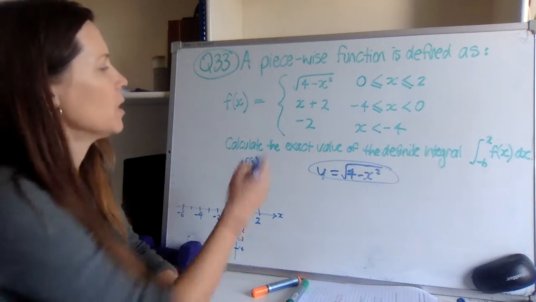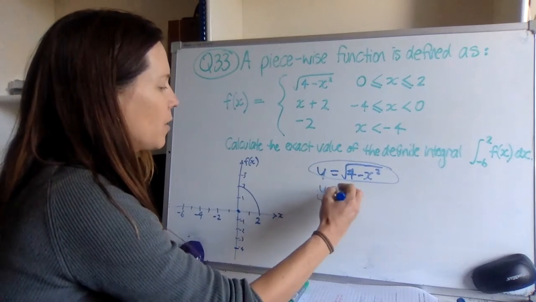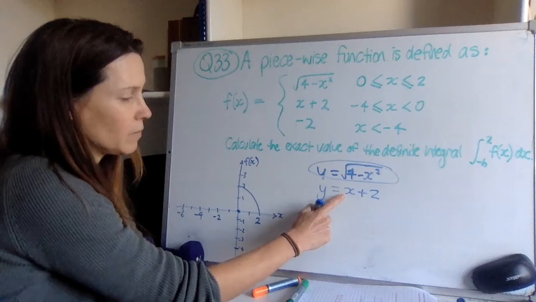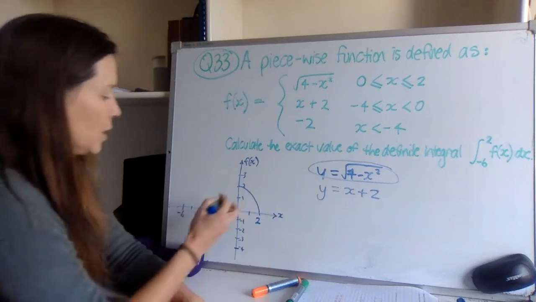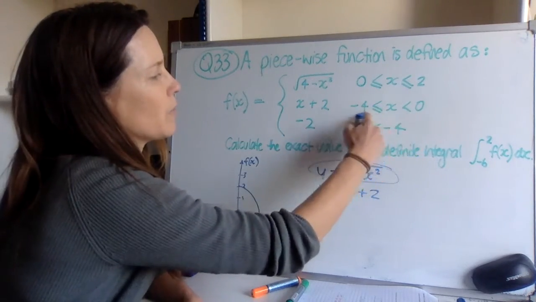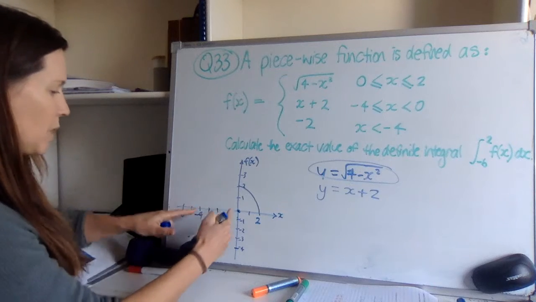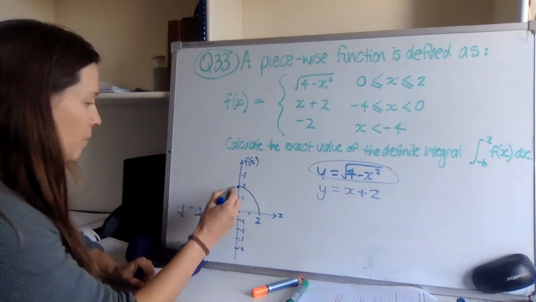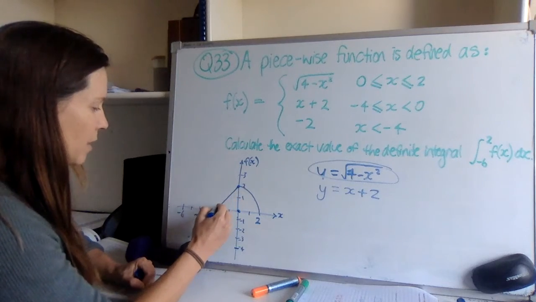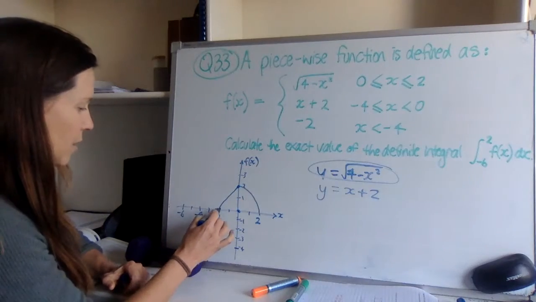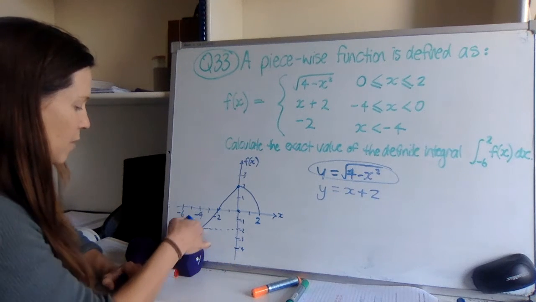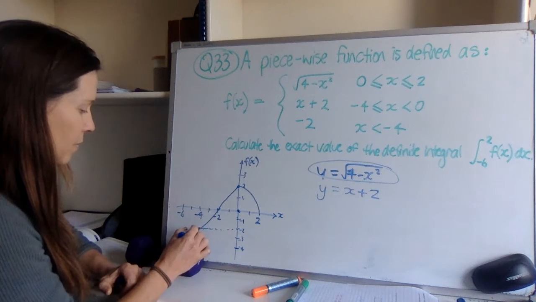That bit's done. All right, this section is just the line y equals x plus 2. Now, that's got a gradient of 1 and a y-intercept of 2. So it exists between -4 and 0. So between here and here, I need it to go through here and have a gradient of 1. Well, a gradient of 1 means it's going to come down here through this point, and by the time it's down here at x equals -4, it's going to be lining up with the -2, isn't it?